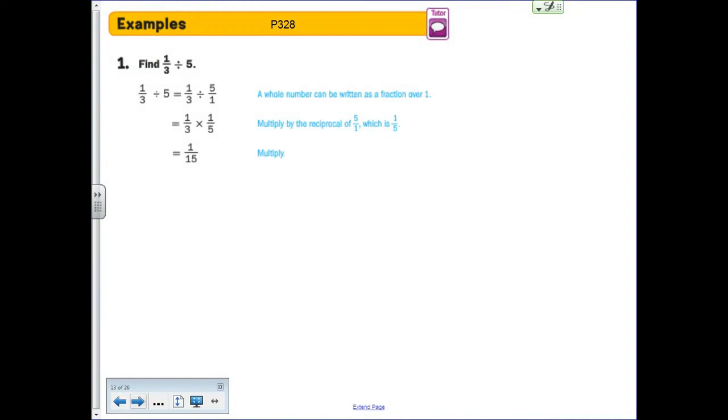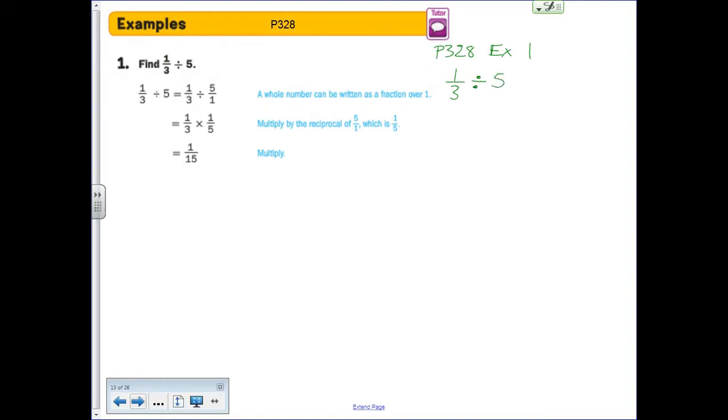Take a look at example 1. To divide fractions, you're going to actually multiply by the reciprocal of the divisor. So example 1 on page 328 says, find 1/3 divided by 5.